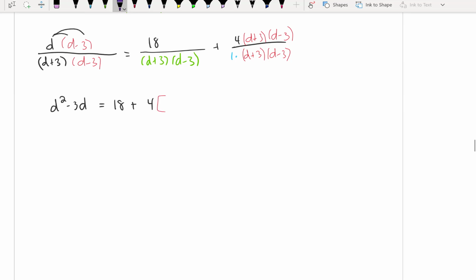And here, if I were to FOIL this out, I would get d squared minus 3d plus 3d minus 9, which, your two middle terms, your outer and your inner, that negative 3d and that positive 3d cancel out. So now you're left with d squared minus 3d is equal to 18 plus 4 times d squared minus 9.